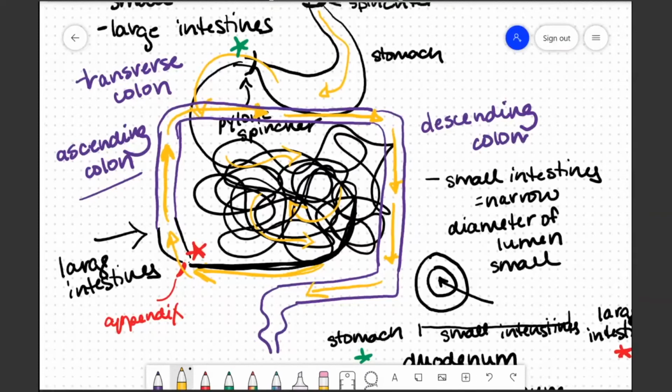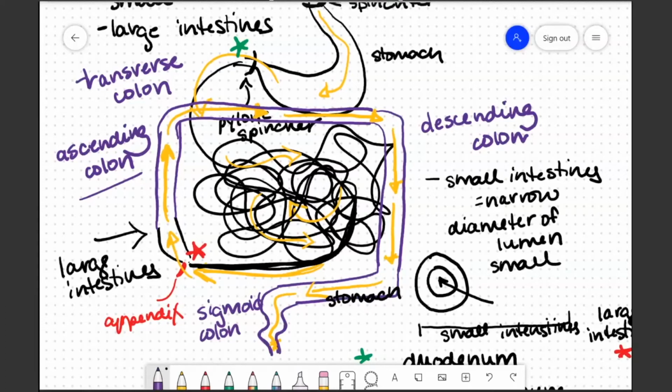Once we get to this section of the body, this is going to be the end of our large intestines. And this section is going to be your sigmoid colon. I drew it so it kind of has an S shape to it. That S-shape right here is where it gets that name.